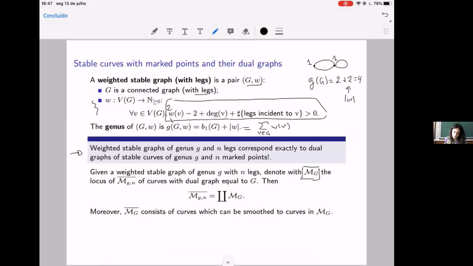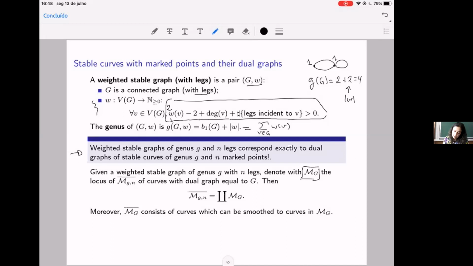That's why if we have weight equal to 0 or weight at least 2, then this condition will just say nothing. And if we have weight equal to 0 or 1, the idea is exactly that we describe using the dual graph the stability condition for stable curves. Sorry about this, and thanks for pointing this out.